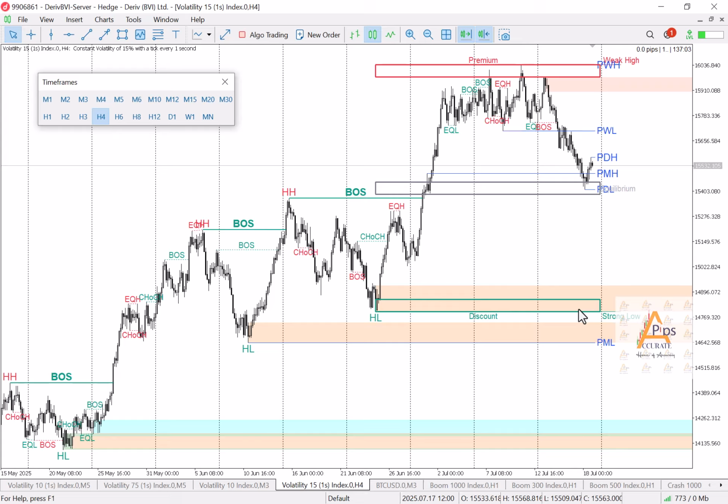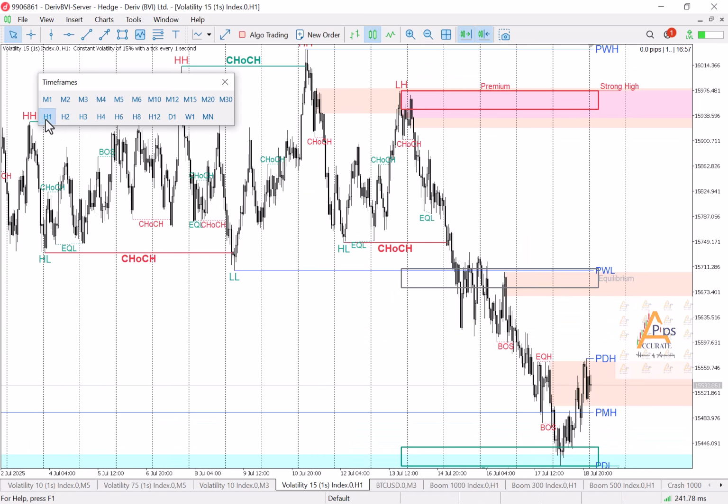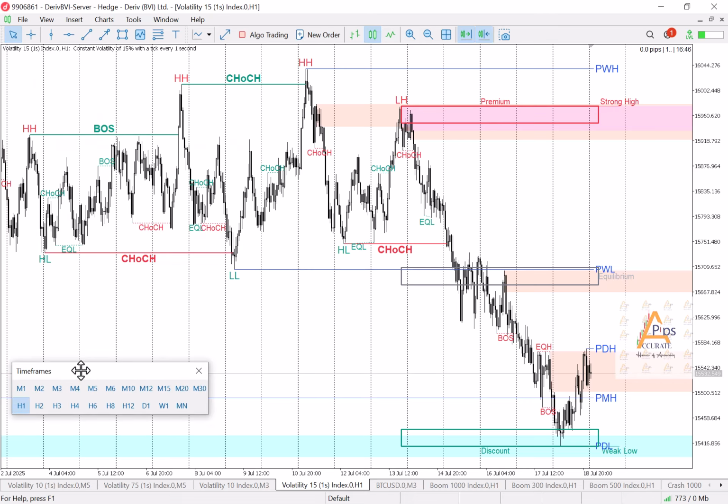Now, for instance, I'll go to H1. So now this is H1. See the interesting thing that is happening here on H1. You can see that on H1, our overall structure is bearish. Why?